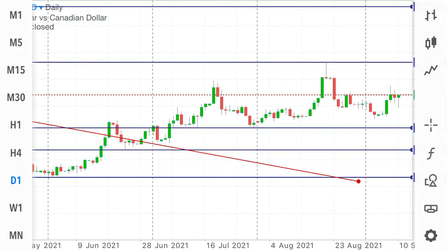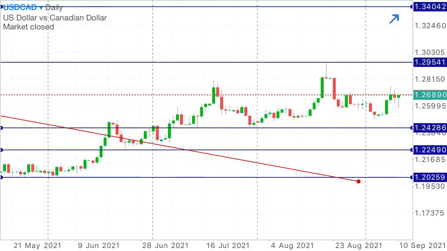And then where will be our take profit? Our take profit will be at 1,34042. Why am I ignoring 1,29541? Because remember, when the market is on an uptrend, it will always break the previous swing high to form another new high, right?